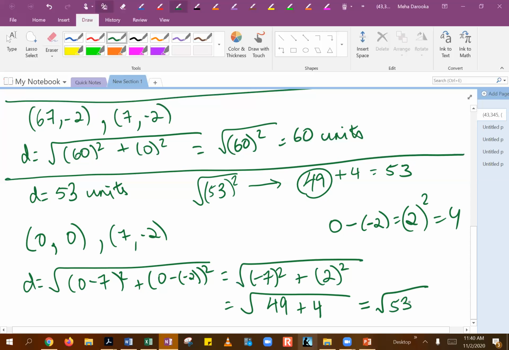Okay, no, I am completely butchering this problem, because I need 53 squared, and this is just coming out to be 53. I don't know, when I did this problem yesterday, it worked out. So let me see what I'm doing wrong today. Okay, so if I want a distance of 53 units, this has to come out to be 53 squared.